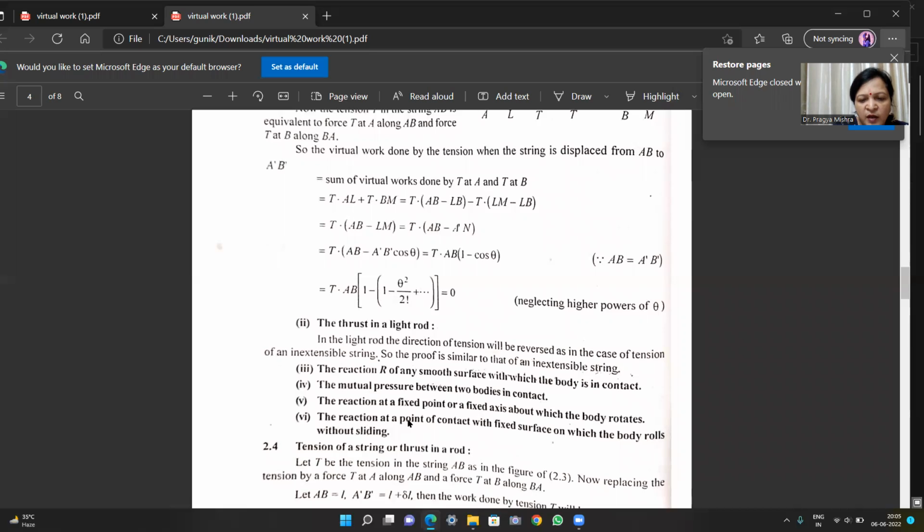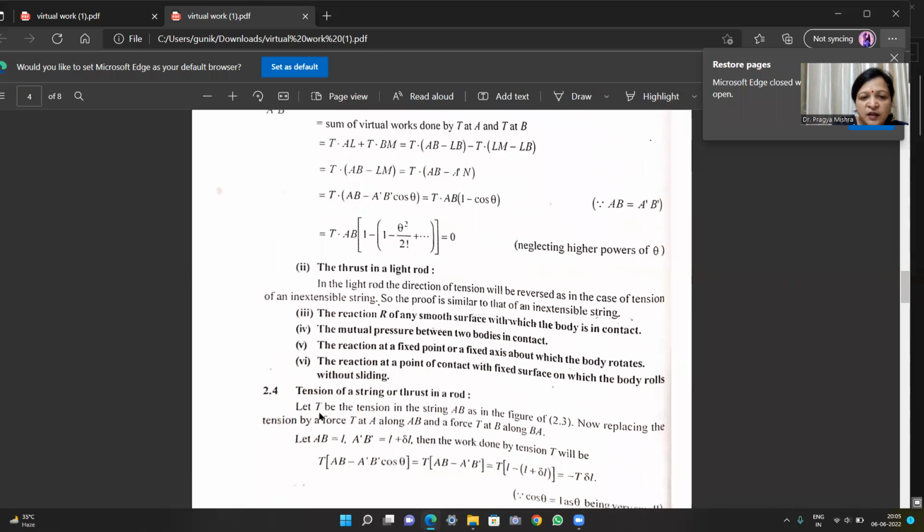And the reaction at a point of contact with a fixed surface on which the body rolls without sliding. So these are 6 forces we can omit or neglect during framing of the equation of virtual work.